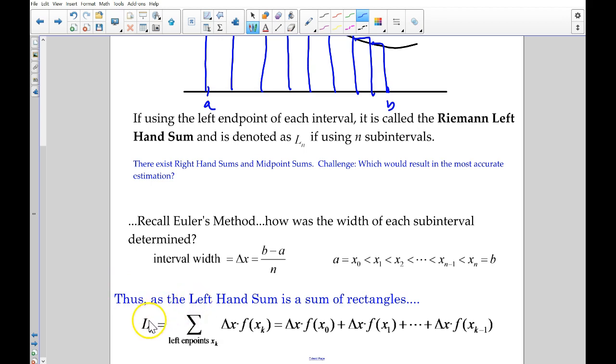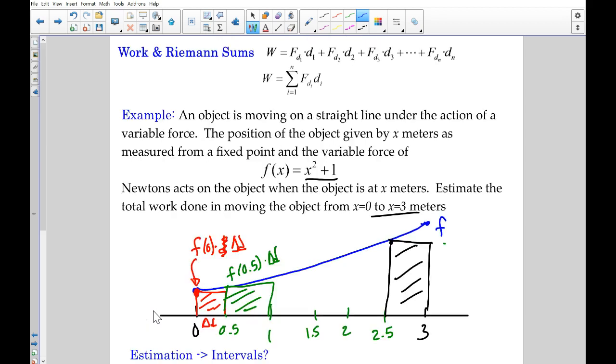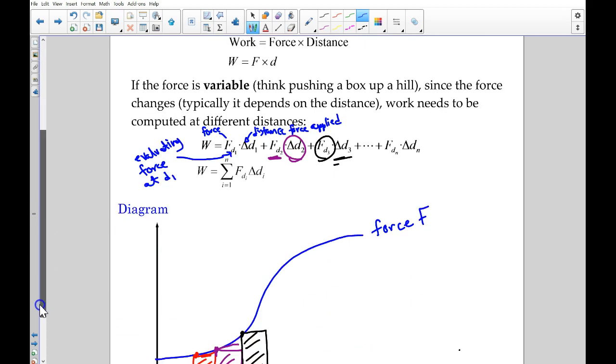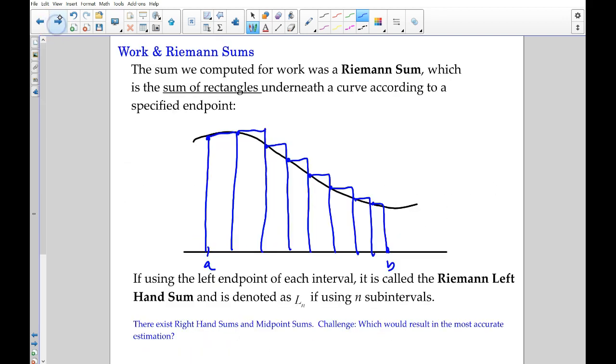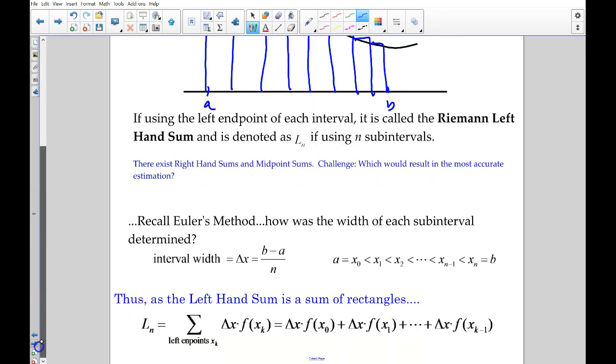The last thing that I'll mention is we can use that force equation that we developed back on this slide, where we did force at the endpoint times the distance that it was applied over, and that extends directly into a Riemann sum, or actually work is a consequence of this Riemann sum, but I digress.